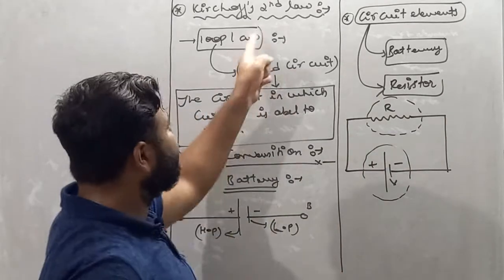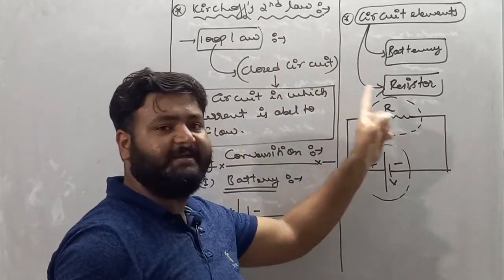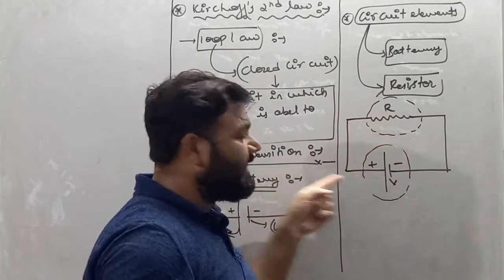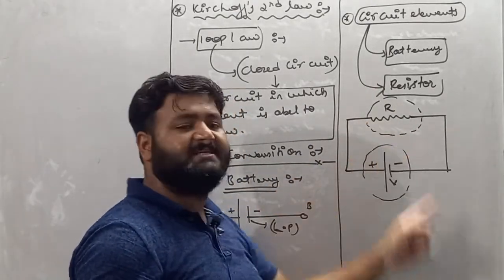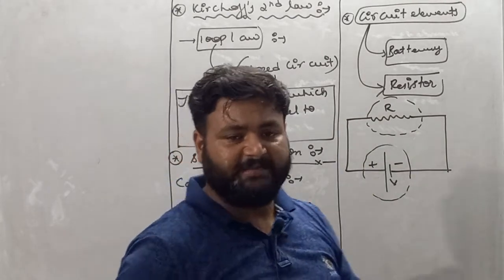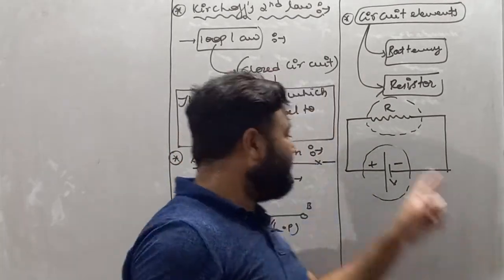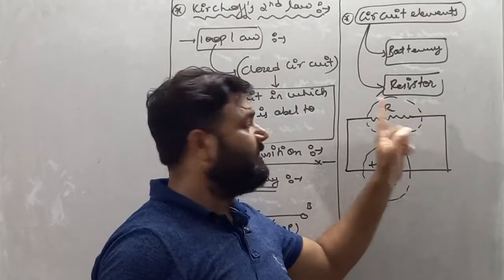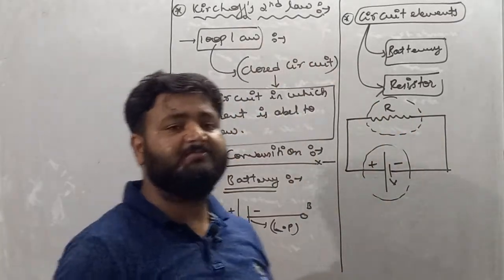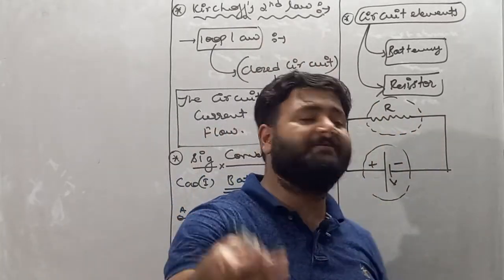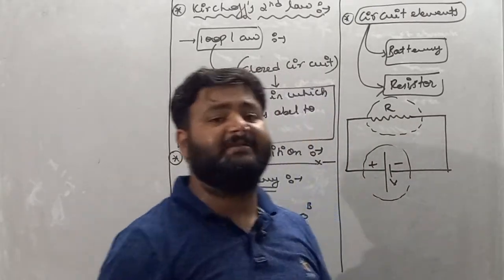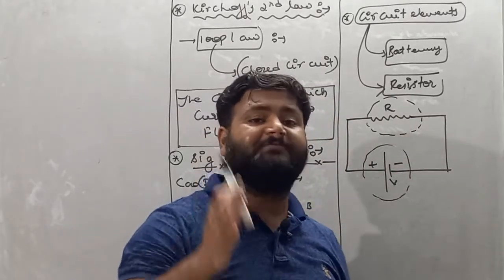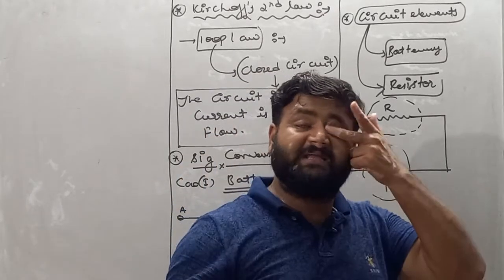I am applying Kirchhoff's second law in this circuit, and let's say a battery or resistor comes in front of me. Then how will we deal with the battery or resistor while applying Kirchhoff's second law? For handling the battery or resistor, we must know the sign convention. How to deal with sign convention is very important.